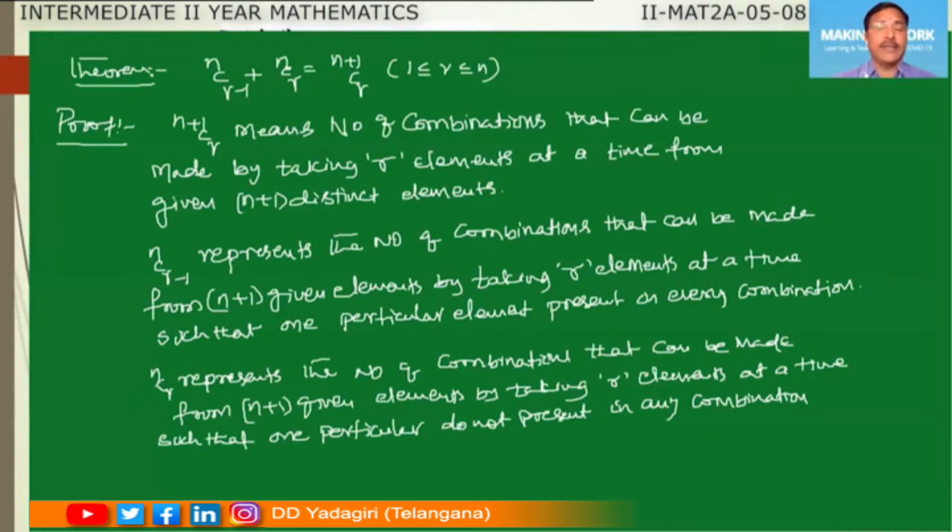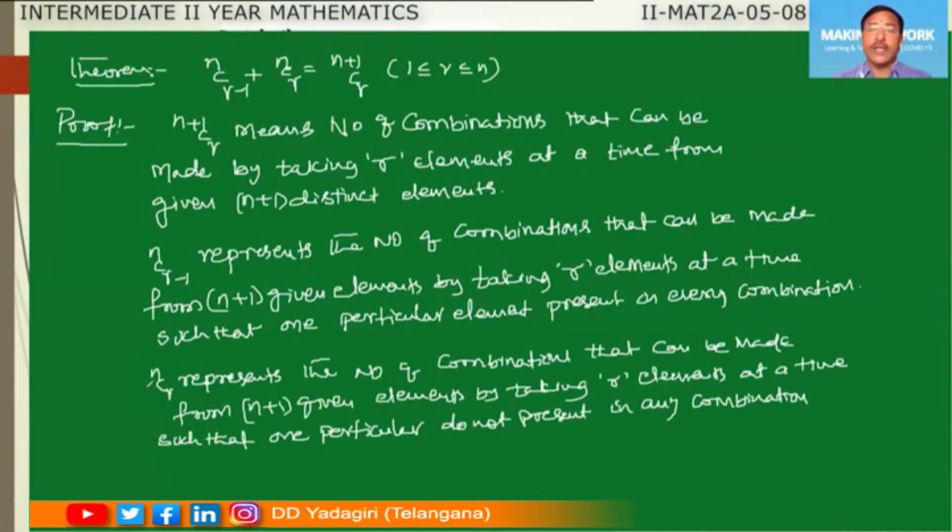So the elements given to us are n+1, and from those n+1 elements we have to choose r elements, in which one particular element does not appear in any combination. So what should we do? We have to remove that particular element from the given elements. Now from the given n+1 elements, if we remove that particular element, how many elements will be in our hand? n elements.